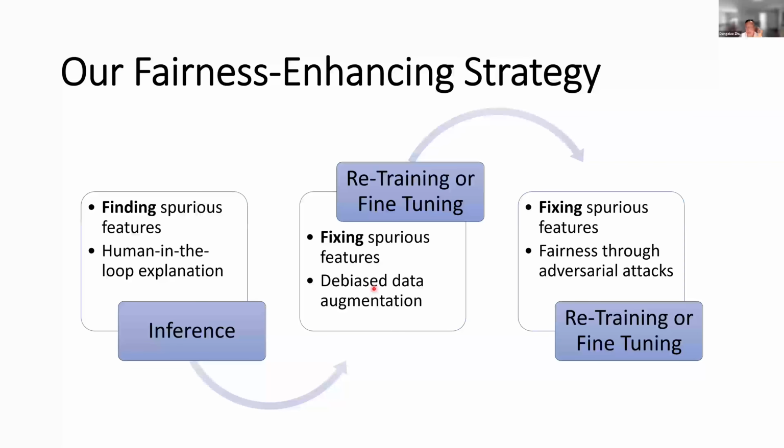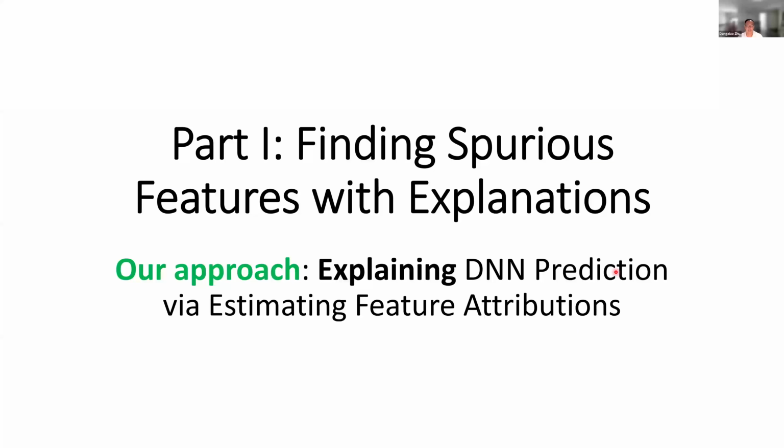So in the example you saw before, right, we introduce additional circles with other colors, additional squares with other colors to decouple the spurious correlation. That's one approach. Another approach is to design an adversarial attack to attack it. Yeah, so the first approach is we try to find it with the explanation.